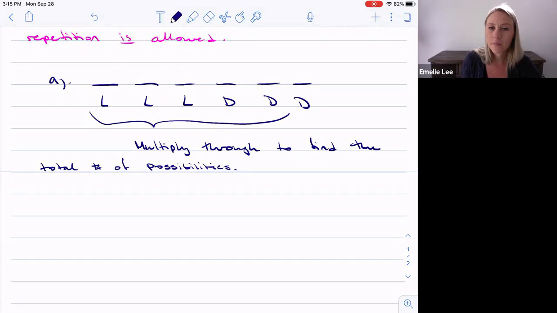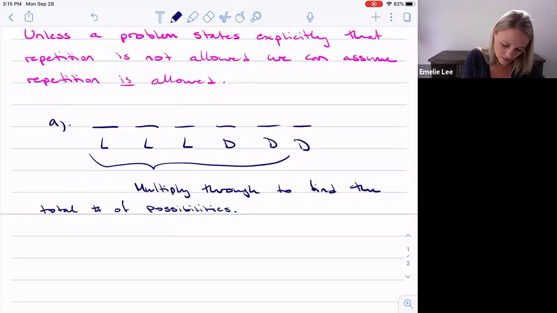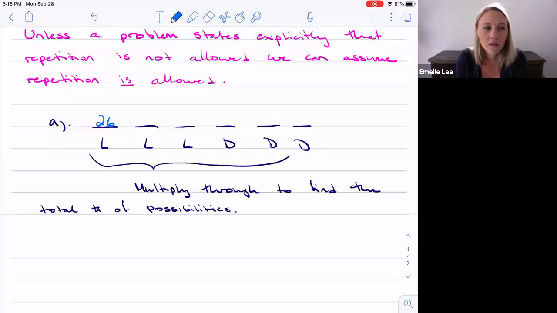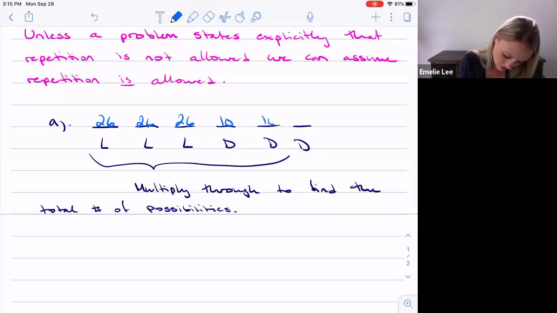So we said we've got 26 letters. If repetition is allowed, then for the next letter, I still have 26 letters to choose from, right? 26, 26. And then for the digits, I've got 0 through 9. So I have 10 digits to choose from, 10, 10, 10.